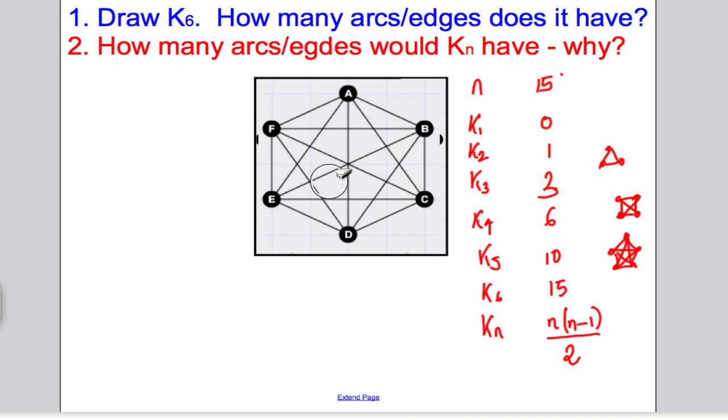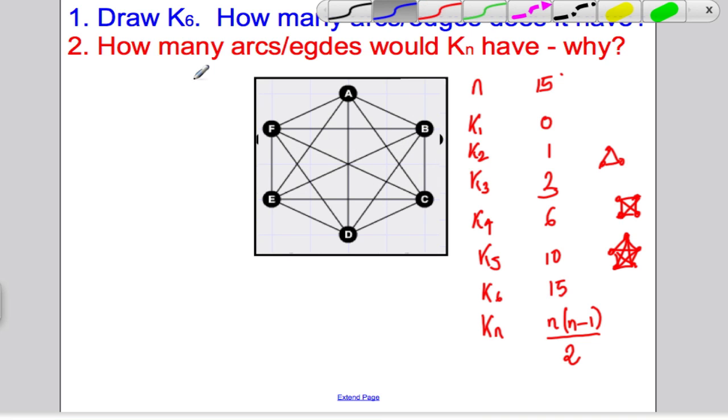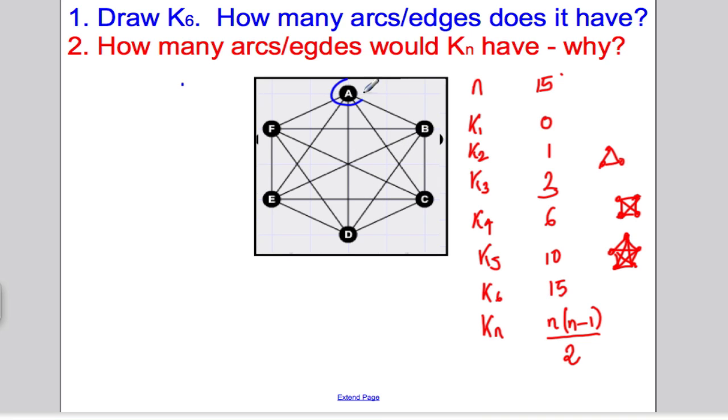Well, I say the easiest way of talking about it is as follows. Just take a vertex in isolation. If you were to work out how many edges came out of that one, if it was a complete graph with n nodes in the graph, then to connect from this point to every other one would be n minus 1 arcs.